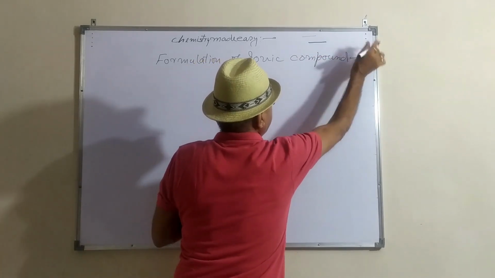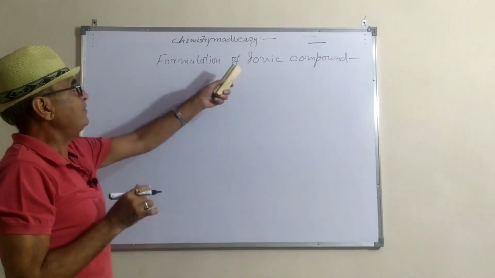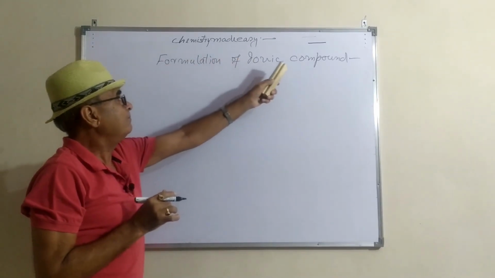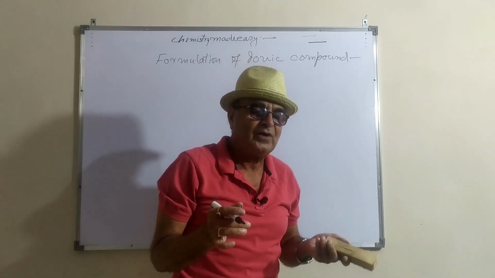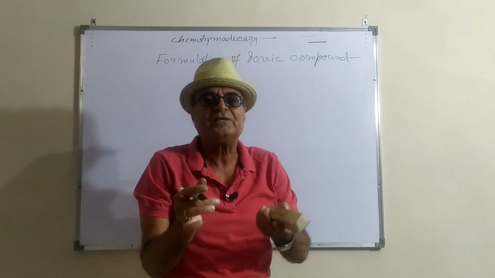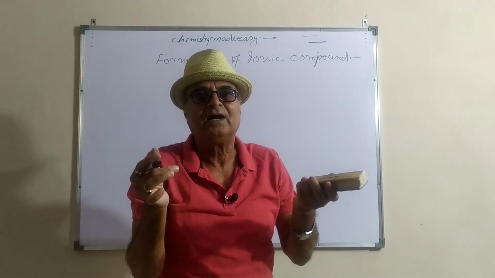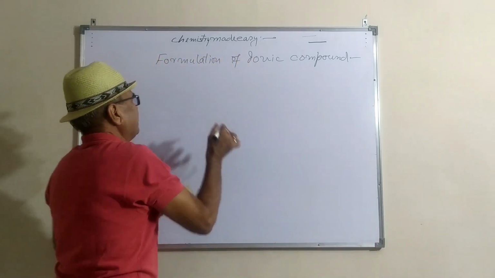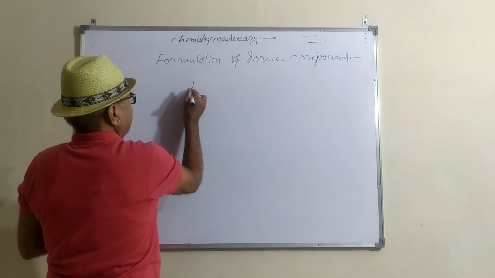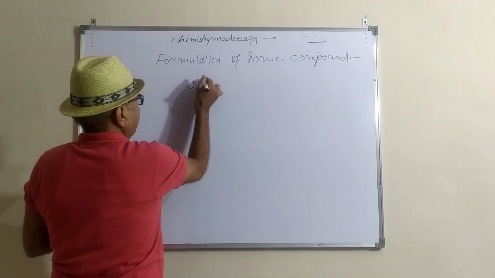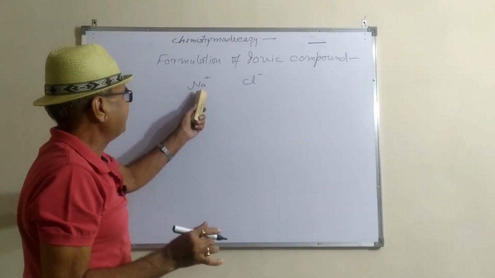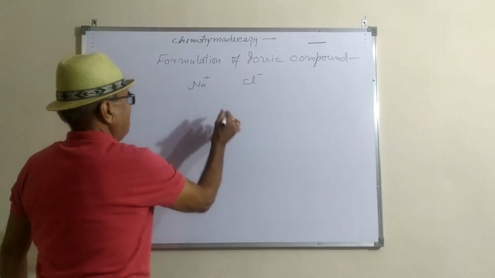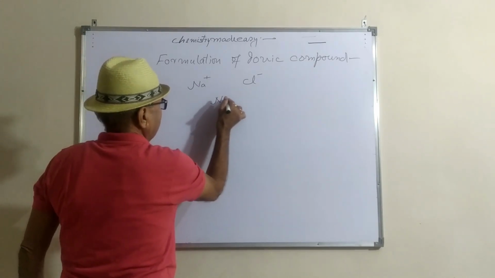Compounds, formulation. Ionic compounds. These compounds are formed of ions, and when two oppositely charged ions come together, suppose here this one Na positive and this one Cl negative, they will attract each other and form NaCl.